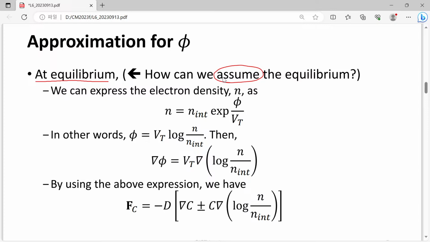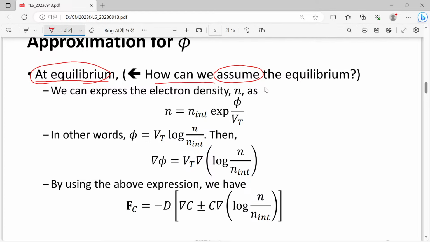Your dopants are moving and your electrons and holes are moving. They are all moving and not in equilibrium. But here I'm saying equilibrium, so how can we justify this assumption? Are we completely wrong or not?